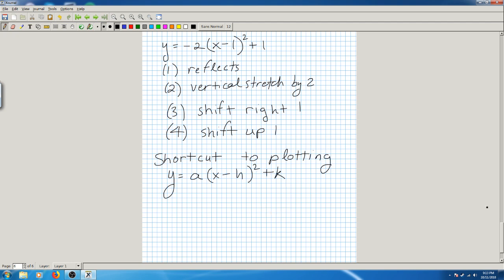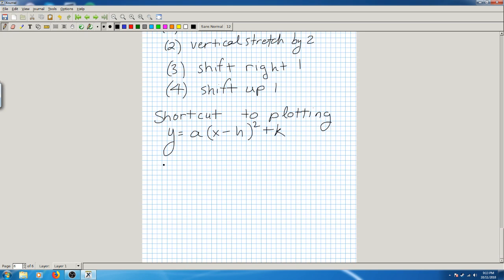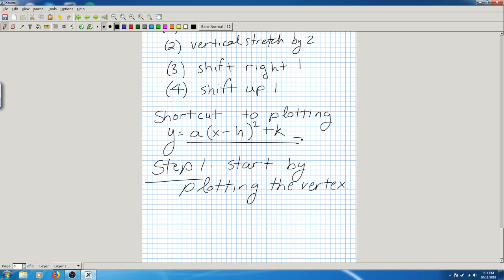Okay, and there is. So the rule goes, step 1, start by plotting the vertex. Now, what is the vertex here? That's the question. Well, this thing is called vertex form, and the reason why they call it vertex form is because you can read off readily the vertex of the quadratic.